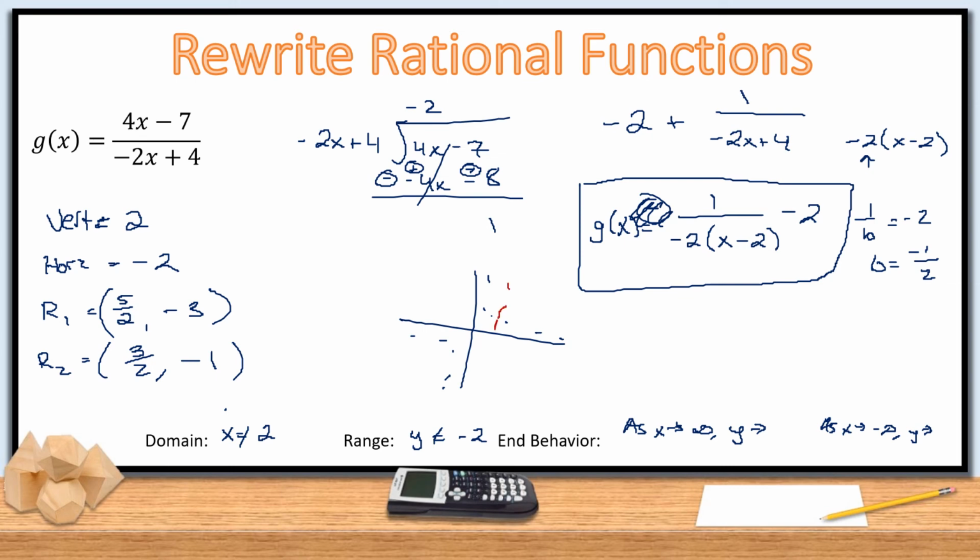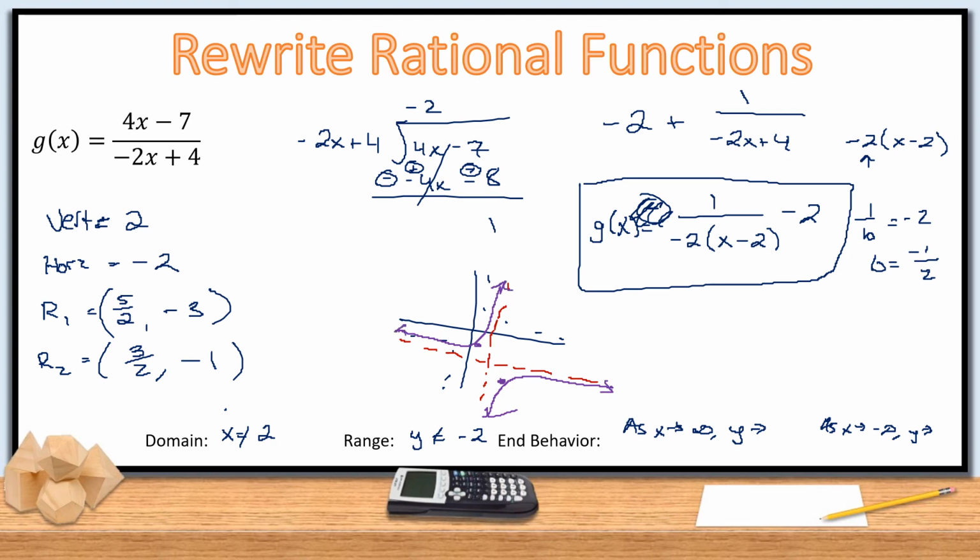Vertical asymptote at 2, horizontal asymptote at -2. Five over 2, minus 3, so it's down here, and 3 over 2, minus 1 is up here. So yeah, there's my function.